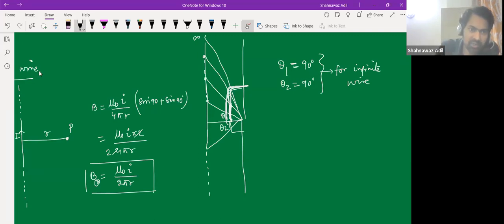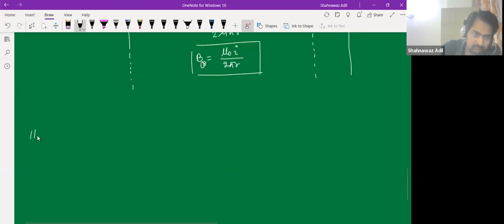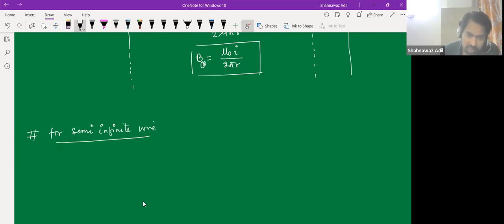Similarly, if I calculate for a semi-infinite wire, this point is fixed, and then my current is infinite in one direction.